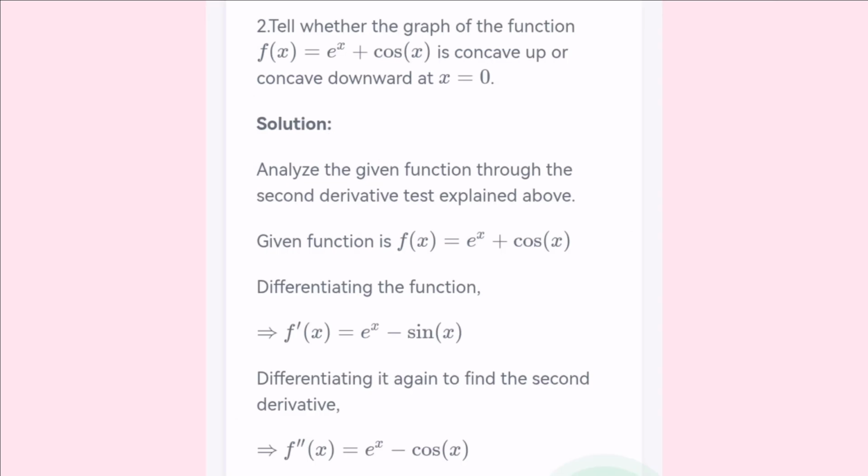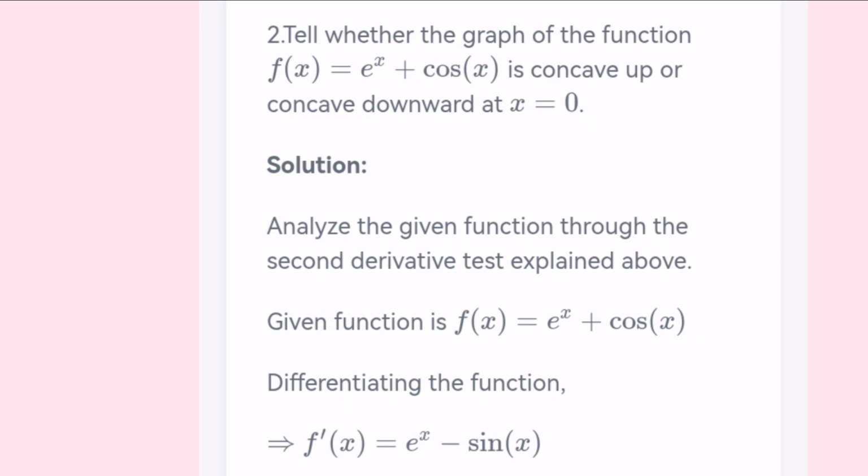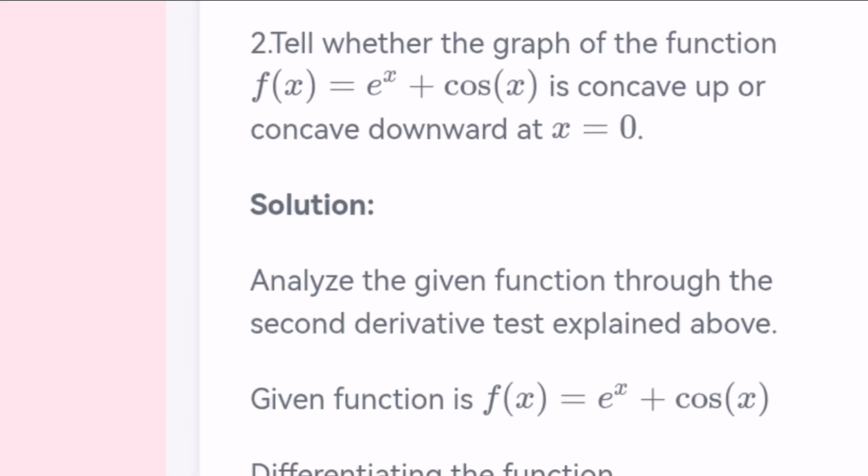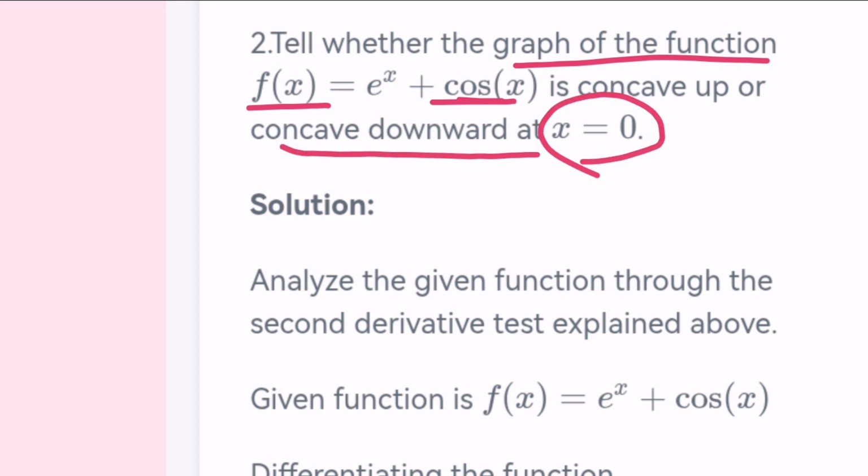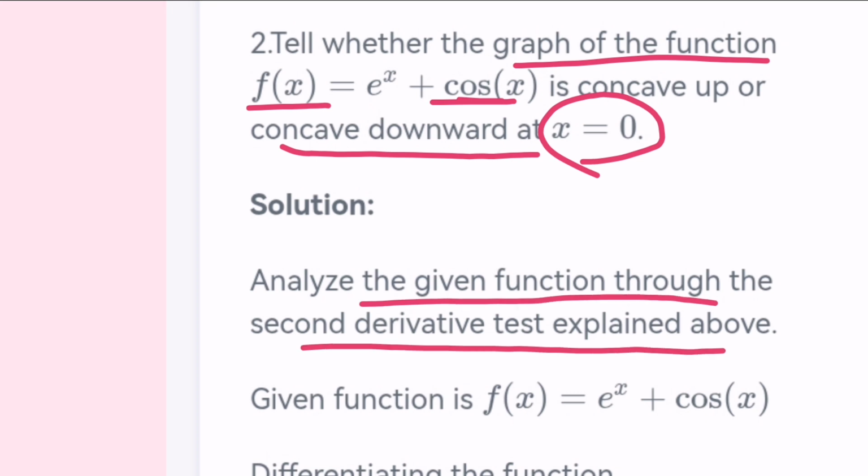Now again, on the second portion, tell whether the graph of the function f of x is equal to e power x plus cos x is concave up or concave down at x equal to 0. Analyze the given function through the second derivative test explained above.